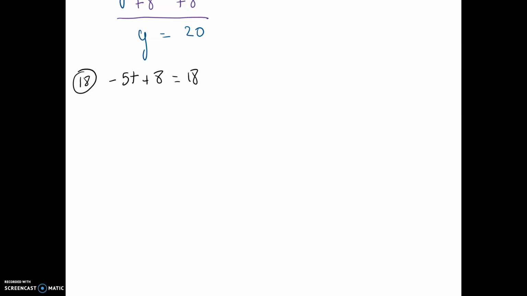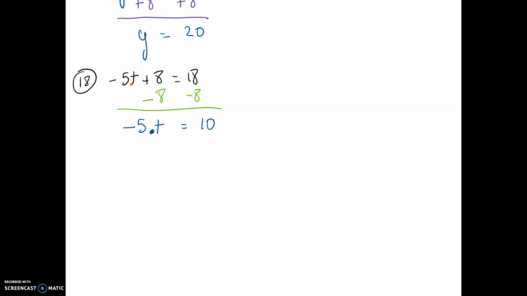equals 18. If you want to have t by itself, you will have to get rid of the negative 5 because you have a multiplication right here. You know that you will have to divide by negative 5, and you have a plus 8. So first you are going to get rid of the plus 8 by subtracting 8 from both sides. And now you have negative 5 multiplied by t equals 10.